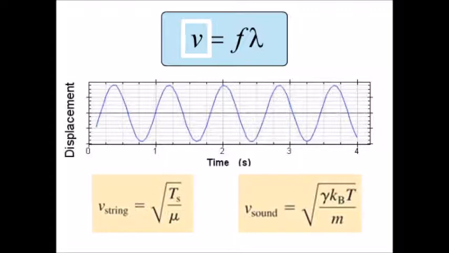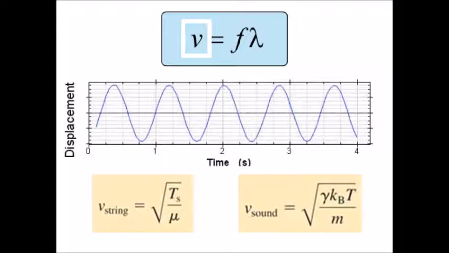Here we have two equations, one for the velocity of the wave on a string, and it is faster for a bigger tension string. Mu is the mass per length, so a big tension string with a lightweight rope, that's the fastest type of wave you're going to get. And then the velocity of a sound wave, I love this derivation because it includes gamma. And what is gamma?